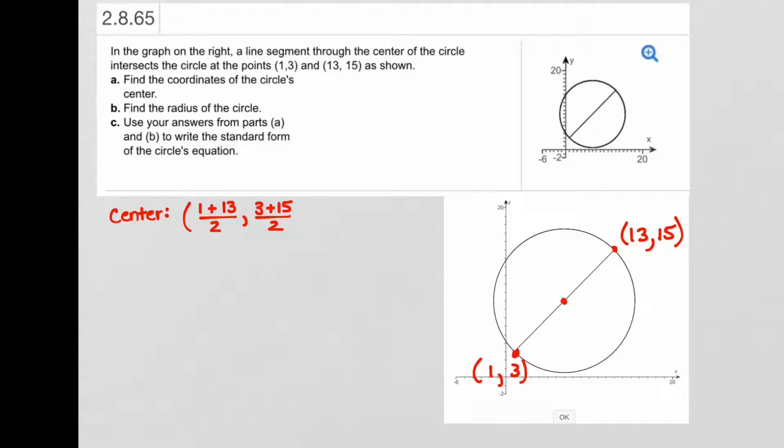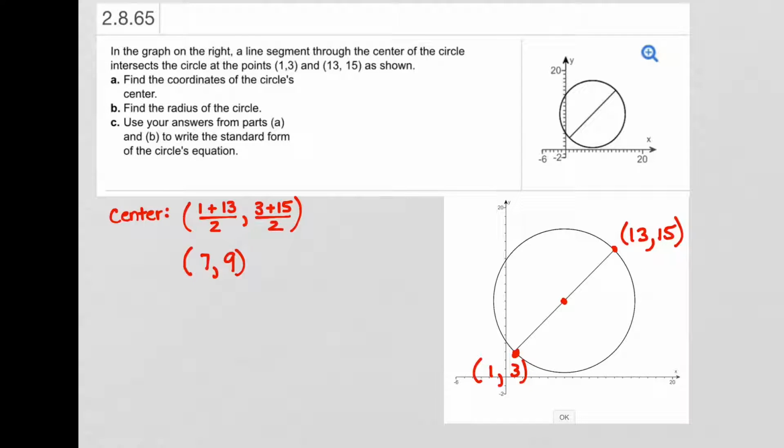So what I do to find the midpoint, you really don't need to memorize a formula, because what we're doing here is we're just averaging the 2 endpoints for x and then the 2 endpoints for y. So, or the 2 x values and the 2 y values. So I'm just adding the x values together and dividing by 2, and then adding the y values together and dividing by 2. So when I simplify, I get the point 7, 9. And that is my midpoint.